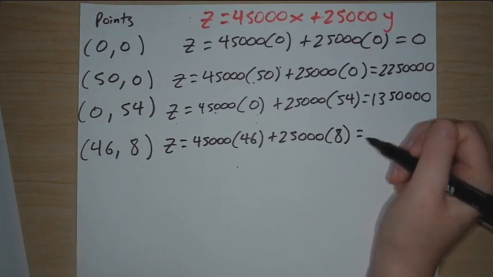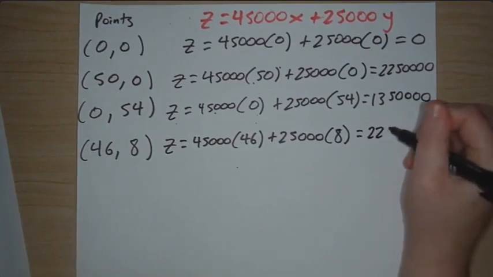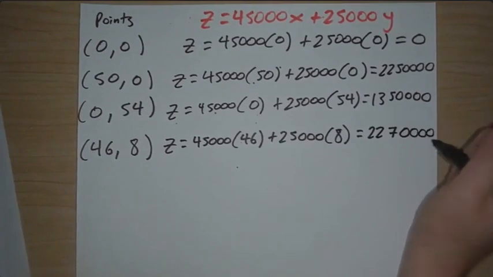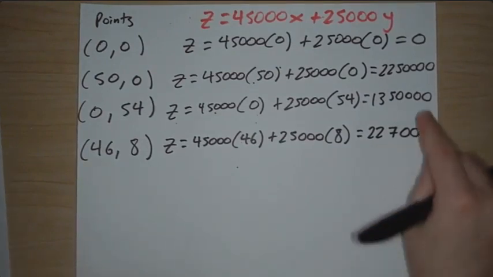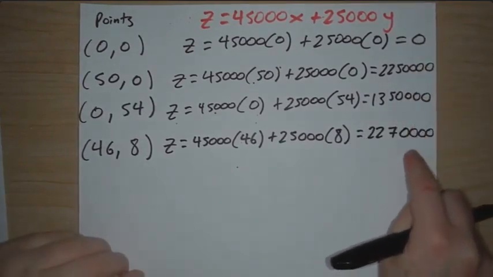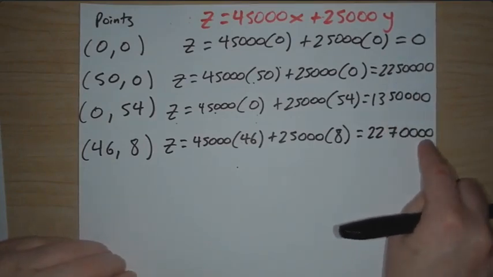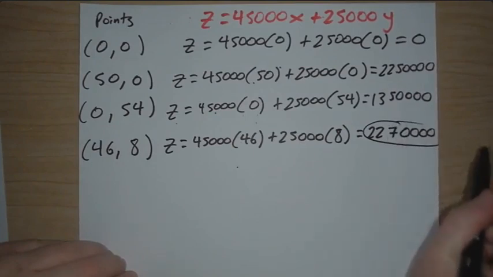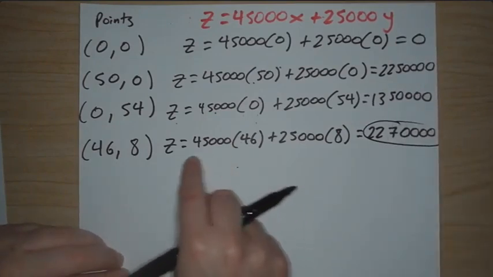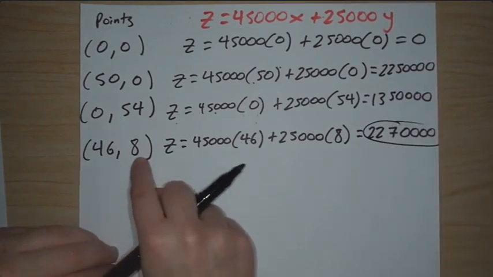And that is going to be equal to 227,000. So we look at each of these numbers and we go, which is our max? Well, it looks to me like 227,000 is our max. So this is our max right here, and that happens when our x is 46 and our y is 8.